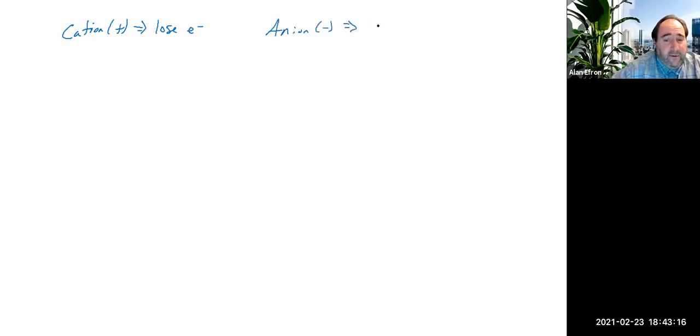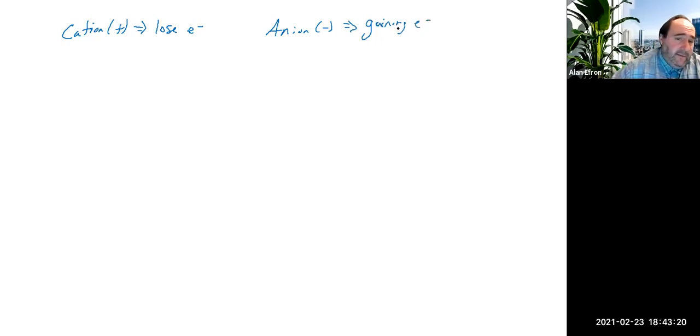As you might imagine, and I think we've talked about this a little bit, a reminder that a cation is a positively charged ion, and that usually results from losing electrons, while an anion is negatively charged, and that usually results from gaining electrons.